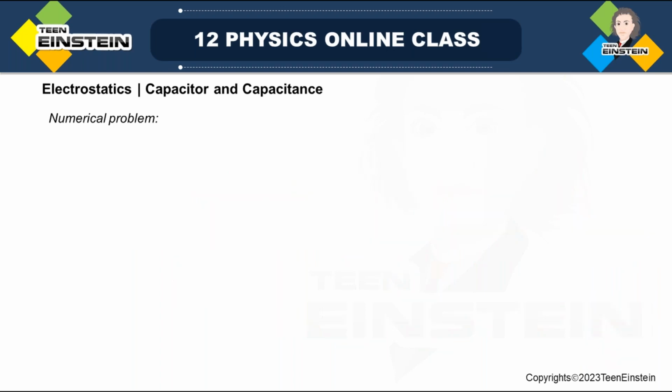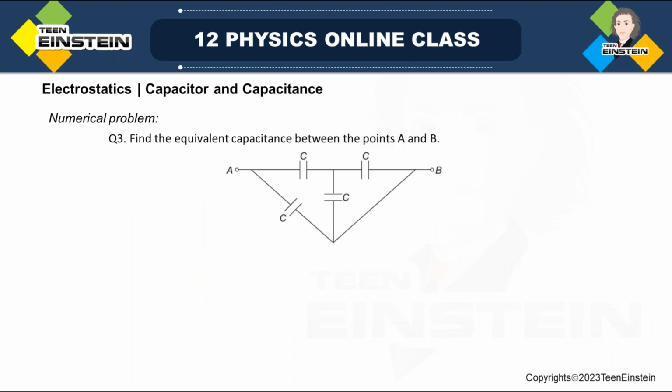Now I have another problem here, where you can apply the knowledge somewhat. Suppose this is at V1, and this also will be at V1, but this will be at a different potential.